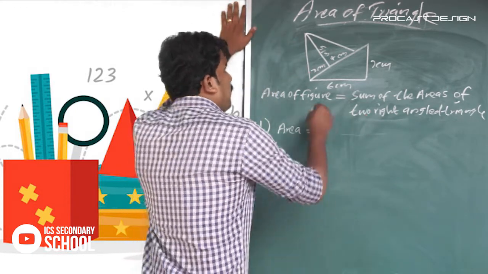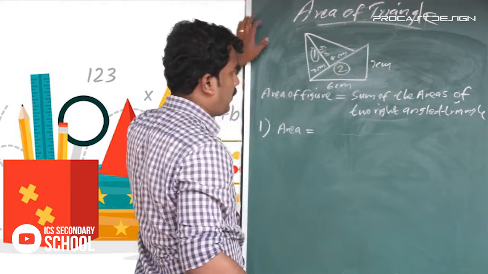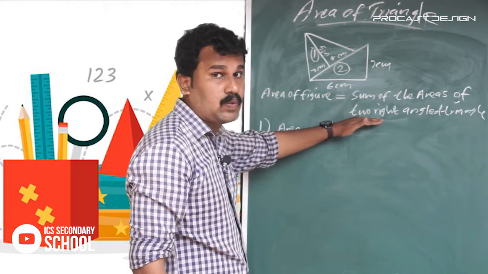Here we can divide the figure: this is the first right angle triangle and this is the second right angle triangle. So the area of this complete figure is the sum of the areas of the two right angle triangles.